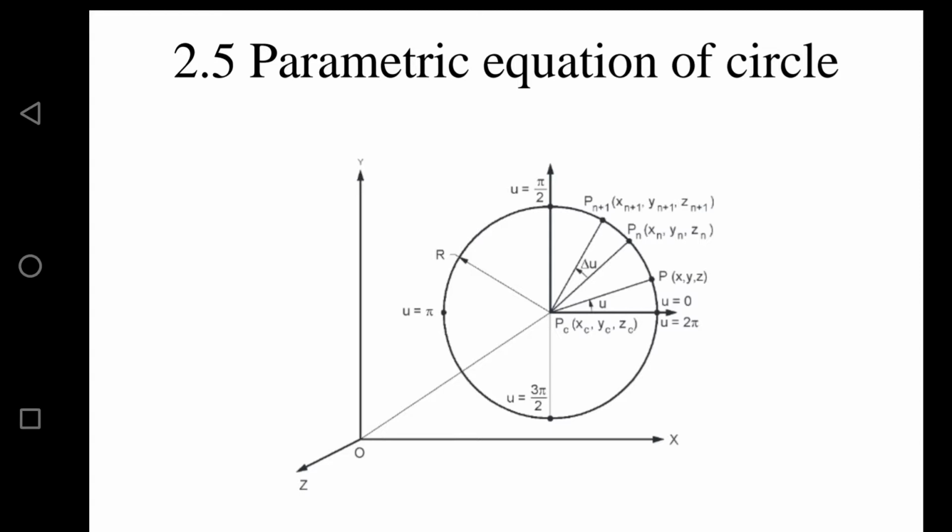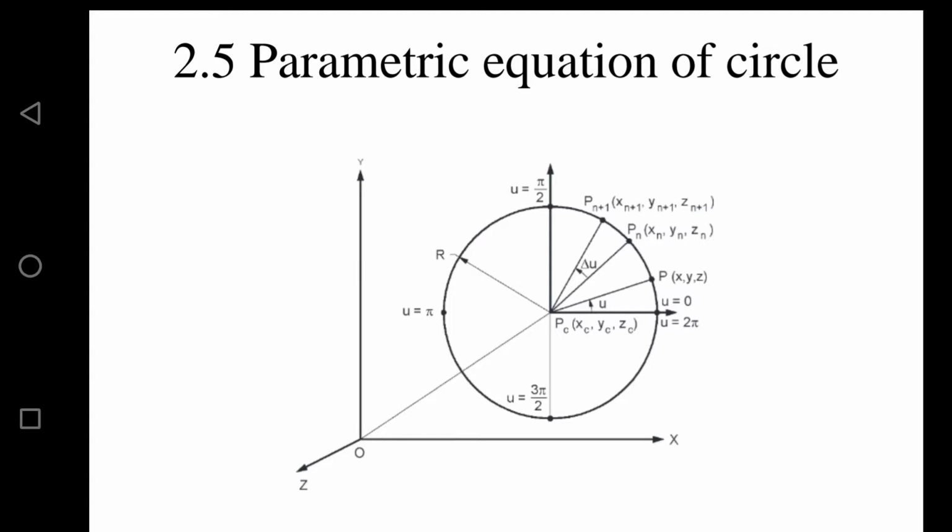Can we move on? Let's consider a circle which is having the center point PC, having the coordinate points xc, yc and zc. Well, we are representing this circle in a Cartesian coordinate system x, y and z. Well, we are deriving the parametric equation of a circle, so we need an independent parameter u.